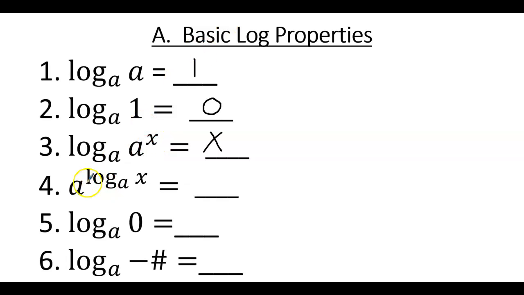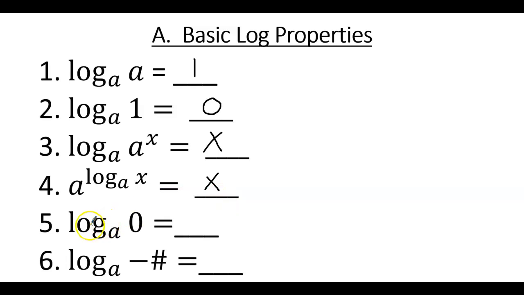Well, the same thing applies here. This is an exponent, so these cancel each other out. We have an exponential with a log in it, so they undo each other, and you end up with just x. I'm not going to prove that one to you, but anytime you have this situation, so long as this number matches this number, whatever's here, that's the answer.